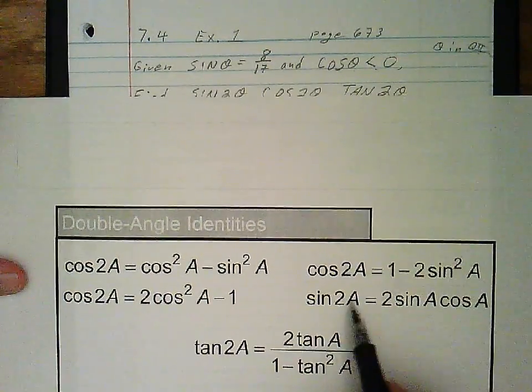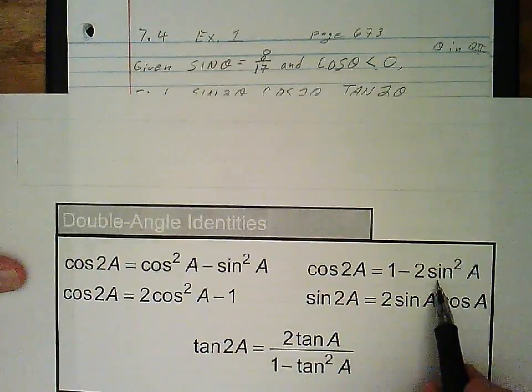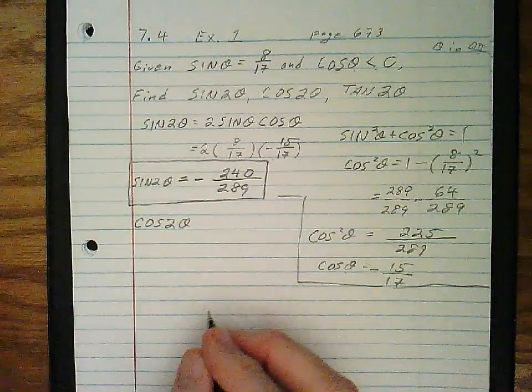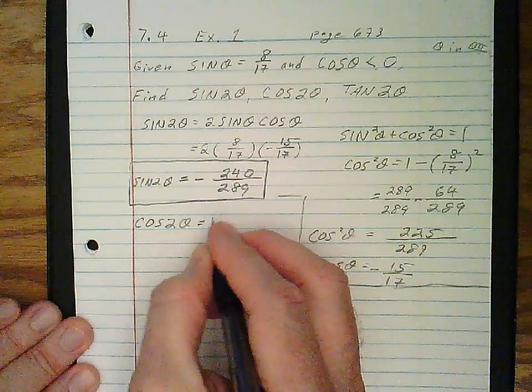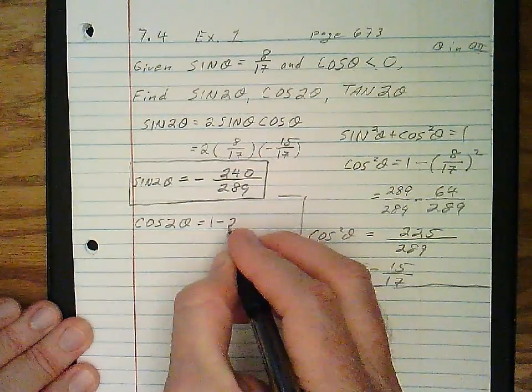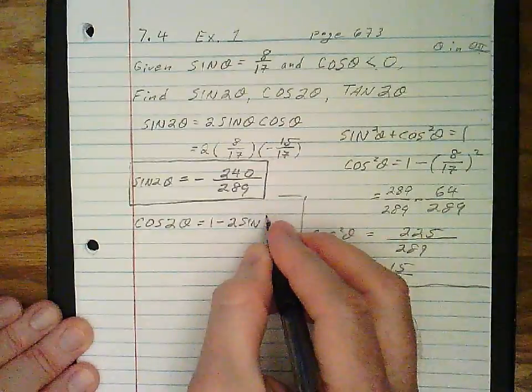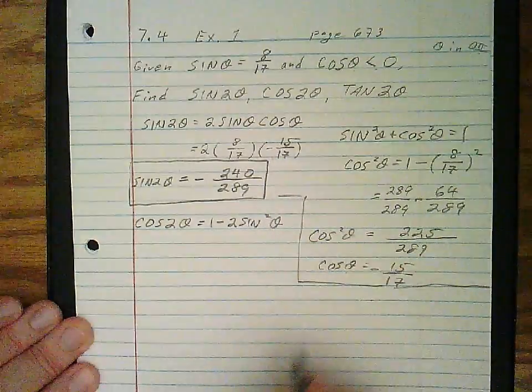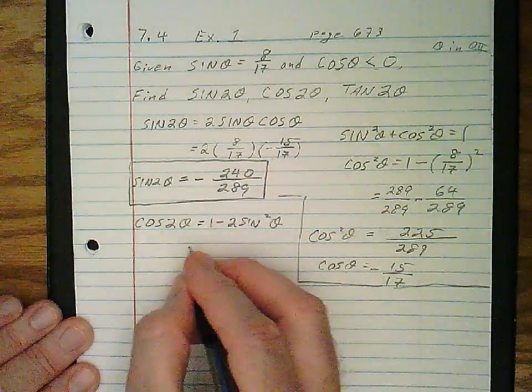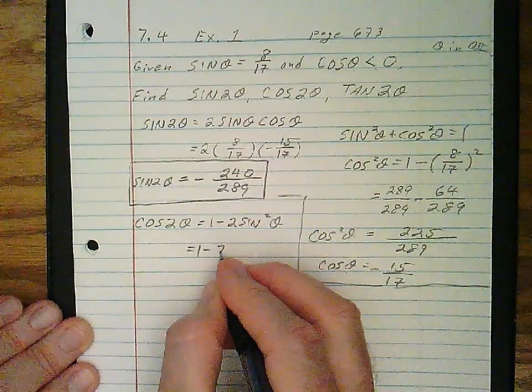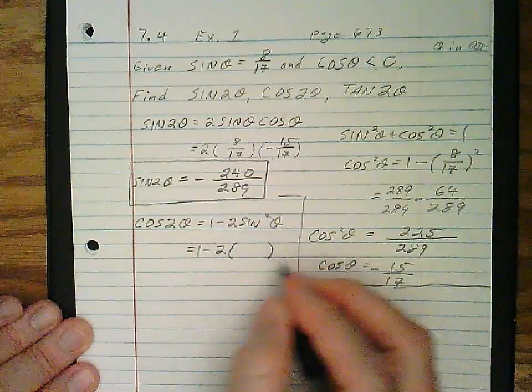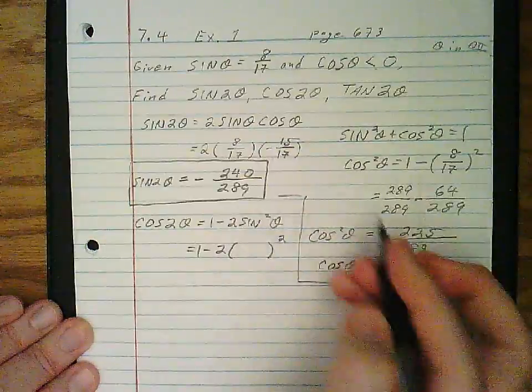I'm going to use cosine of a double angle equals 1 minus 2 sine squared of a single angle. So right here, I know that 1 minus 2 sine squared of the single angle. And this becomes 1 minus 2 times sine squared.